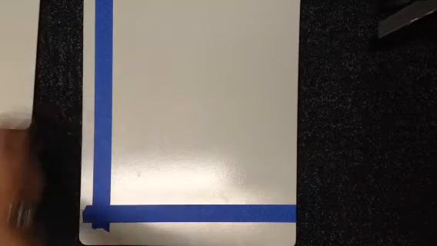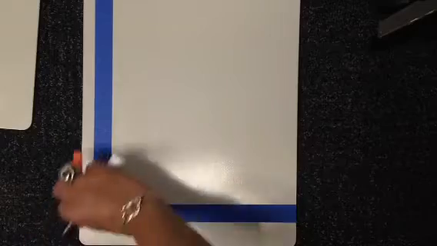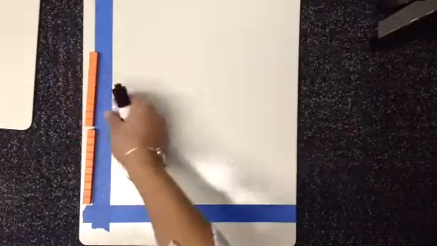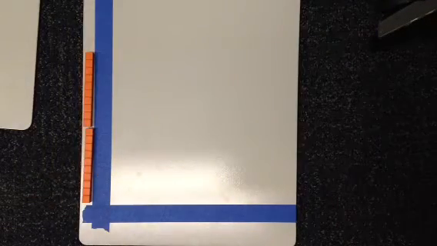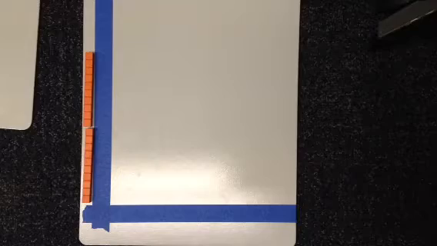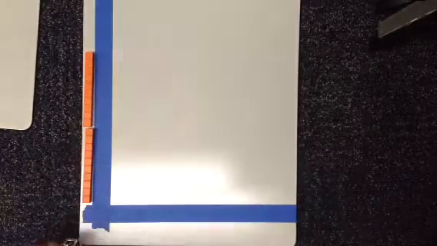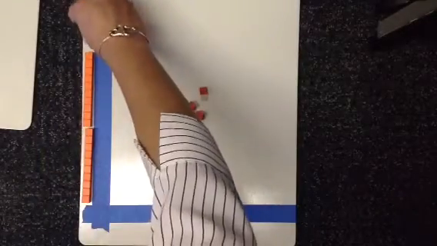28, which is 20 plus 8, is going to be represented along the top. So for 28, we need 2 longs and 8 units.